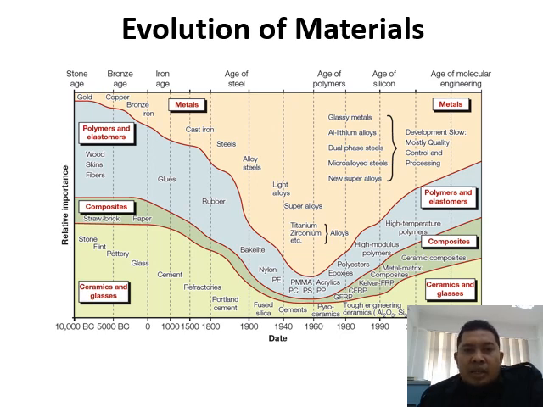Prior to the Iron Age, most humans used polymers and elastomers, for example wood, skin, fiber, and straw bricks to make houses, and then ceramics and glasses. In later years, we tend to make very specific, technical, or advanced materials for specific uses, so you can combine metals together, and polymers can be used in various kinds of applications.